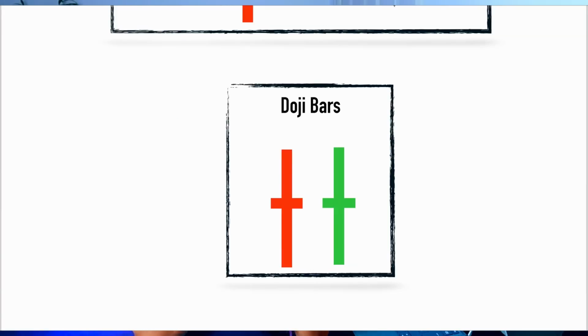Then we have doji bars. Doji bars are very easy to understand because even though they are pretty rare because price tends to fluctuate so much, a doji bar is basically when a candlestick or an OHLC bar opens and closes at the same price. So let's just use Bitcoin as an example.